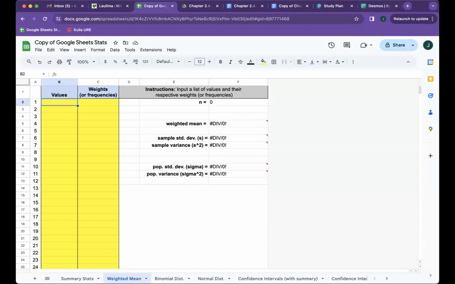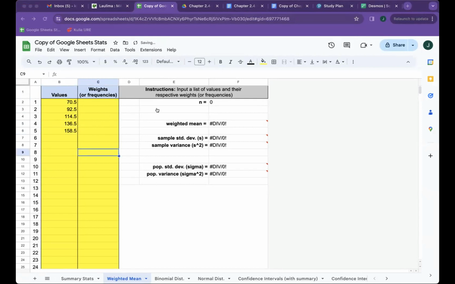And for the values, what I would choose is those midpoints. It's kind of backwards from what they had told me, because they listed their frequencies first. 70.5 was the first midpoint, 92.5, 114.5, 136.5, and 158.5.